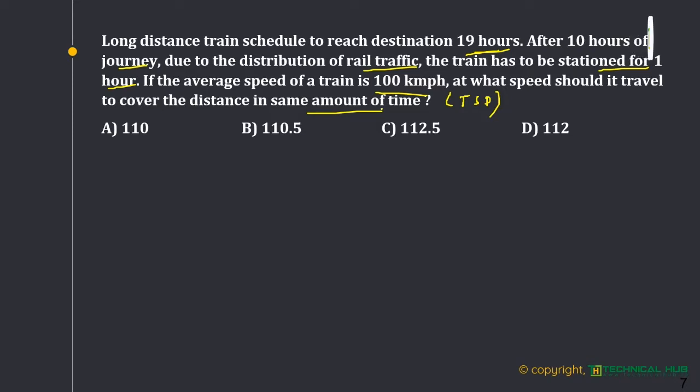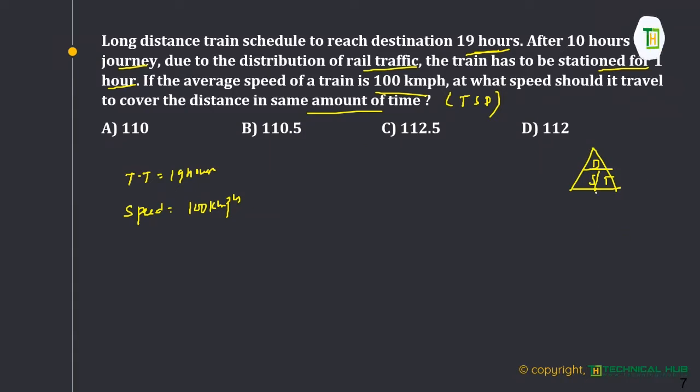Okay. So first I'm calculating here. What is the given data? Total time is equal to 19 hours. And similarly, average speed is also given. So the speed of the train is equal to 100 km per hour. You know that distance is nothing but speed into time. So remember this triangle, every day I'm explaining about this triangle.